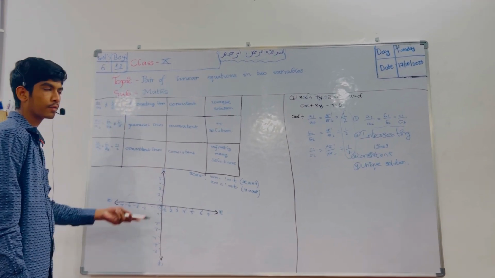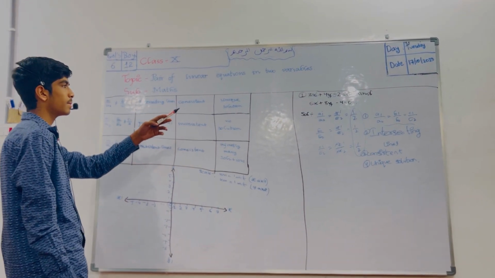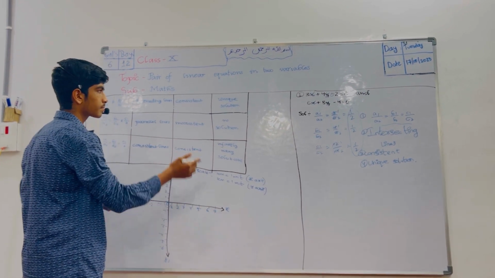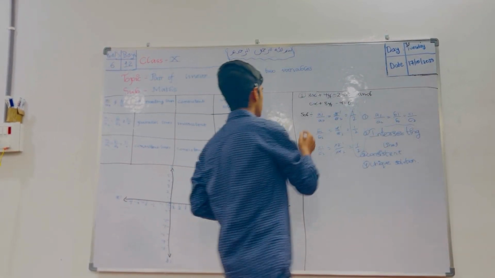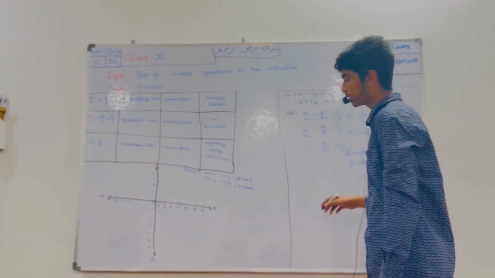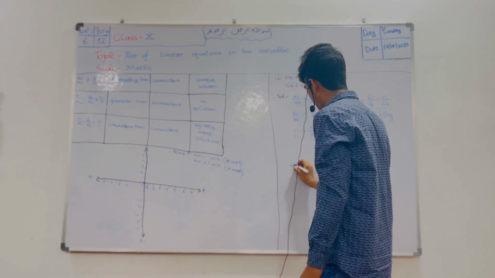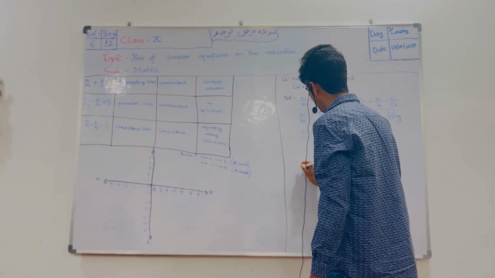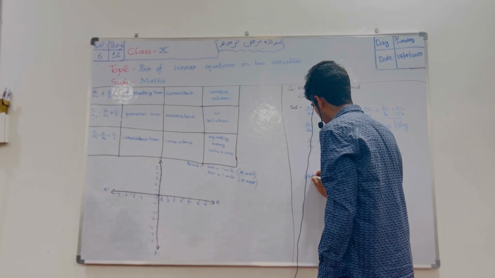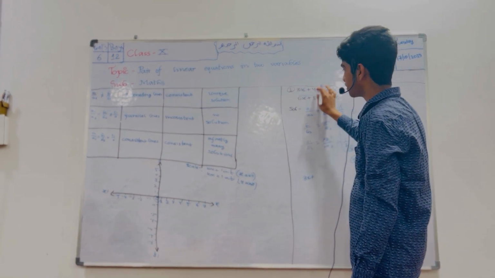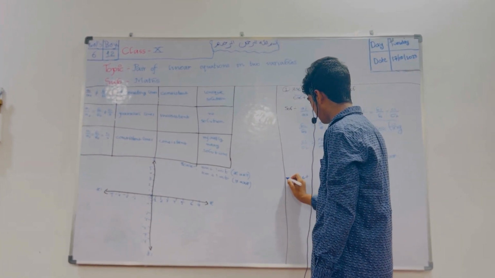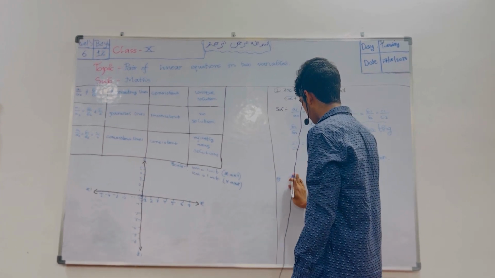Now we will draw a graph. The equation is 3x plus 4y minus 2 equals 0. So first we have to find the solution for these equations. We have to assume some value. Y we will take as 1.